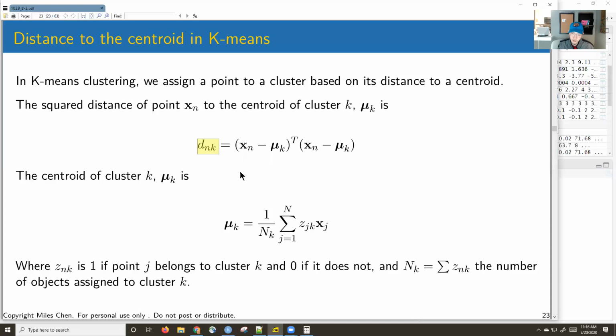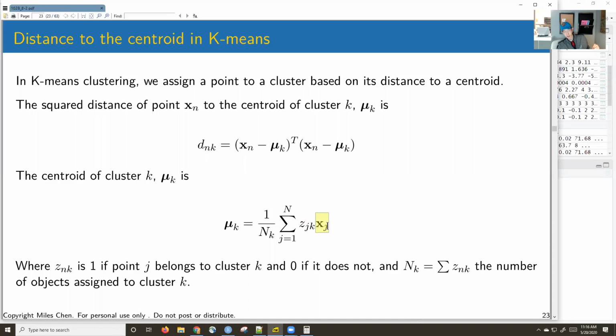So that's this distance. The centroid of cluster K, mu sub k, is equal to the sum of all the x's that belong to cluster K divided by how many points belong to cluster K. And that can be expressed using the assignment vector, right? We have a vector z, which is 0 if a point does not belong to cluster K, and 1 when the point does belong to cluster K. So when we do z times xj, only the points that belong to cluster K will have z equal to 1.